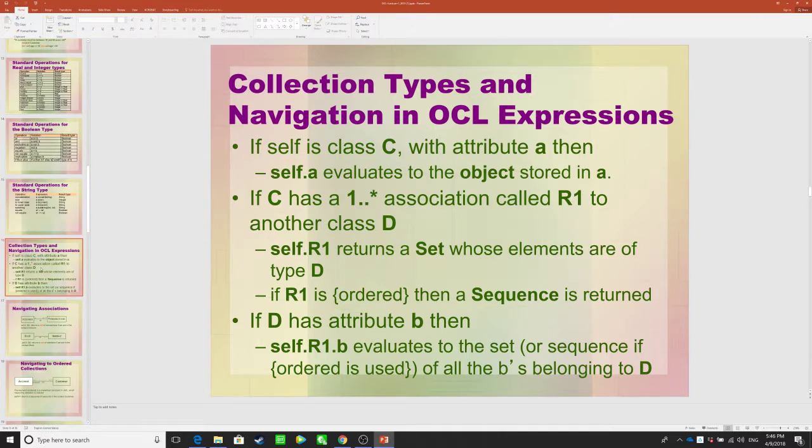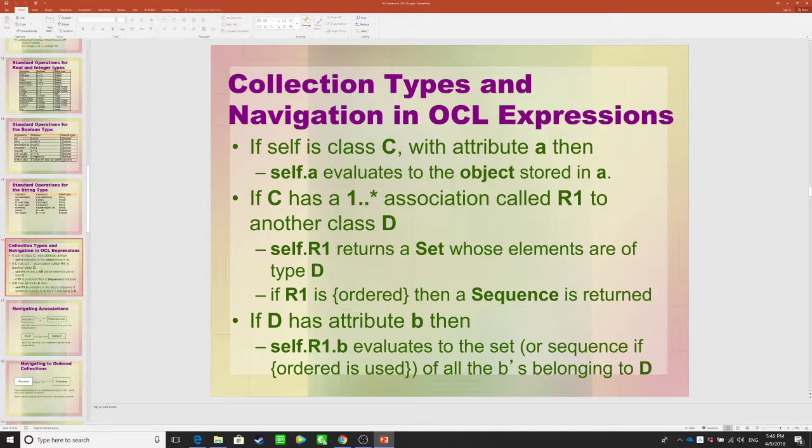So this must make sense to you. Like self.A refers to the object stored in A. Okay. Anyone do not understand this? Okay, that's great. So like C dot A, A is the attribute of C, or A is the member of C.